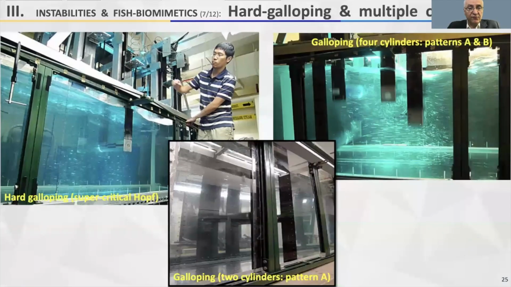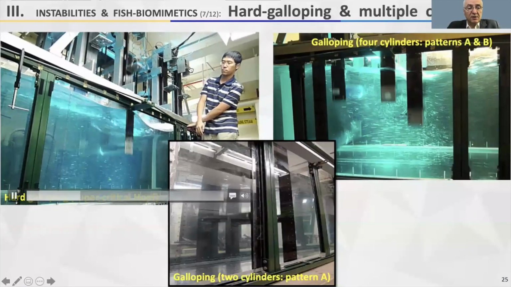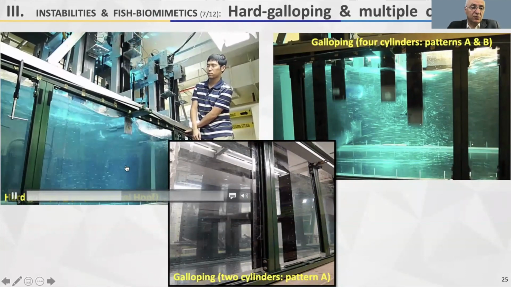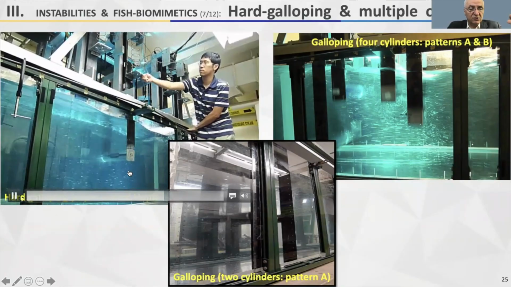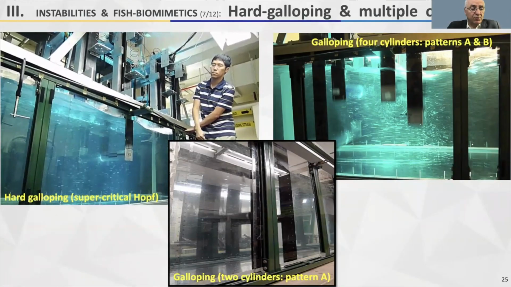We have other forms of instabilities, particularly hard galloping. You see in this particular case, we have placed turbulent stimulators on the cylinder. The size of those is the thickness of the boundary layer, and we suppressed fully the flow.